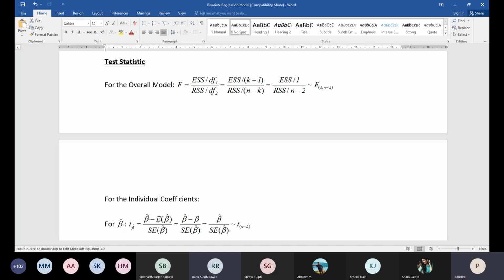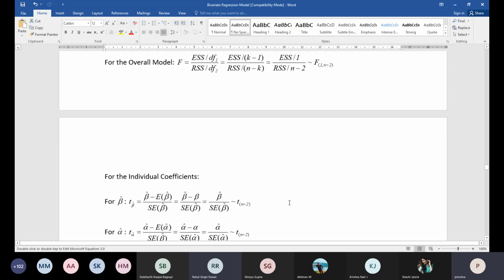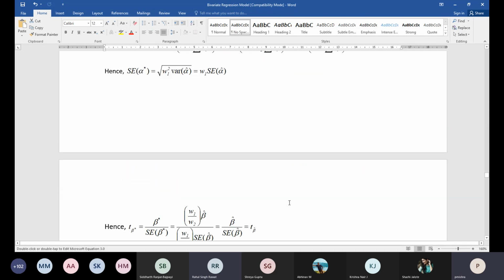And that's why we are saying this will follow t distribution, because we are not using standard deviation, rather we are using standard error. And that's why we are not using z distribution, rather t distribution. Is it clear? I suppose for both t of alpha and t of beta.